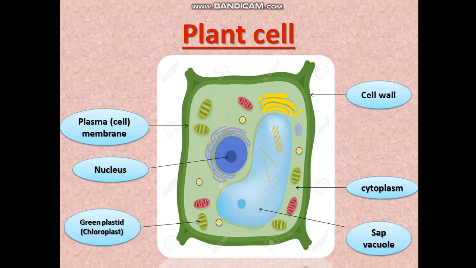Again, we have the cell wall, plasma or cell membrane, cytoplasm, nucleus, green plastid, and vacuole. And we are going to talk about every structure and know its function.